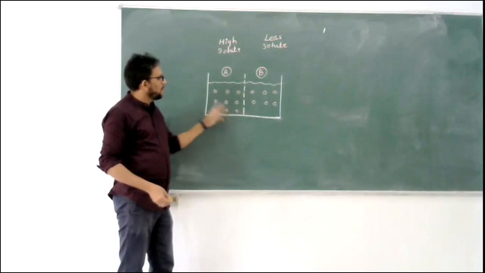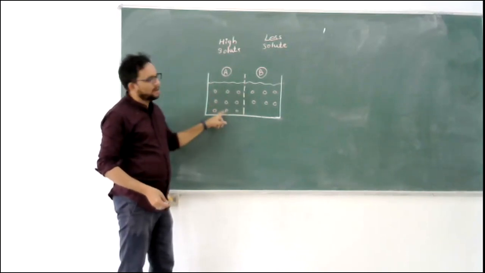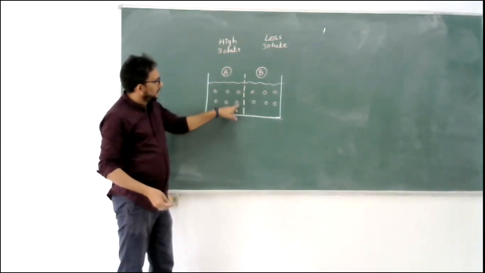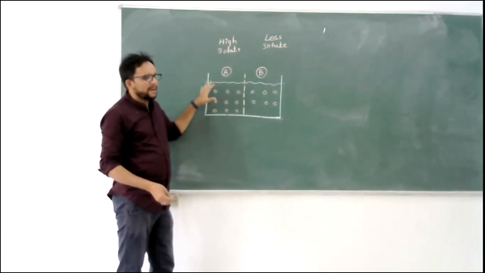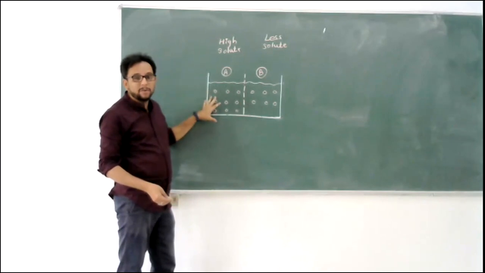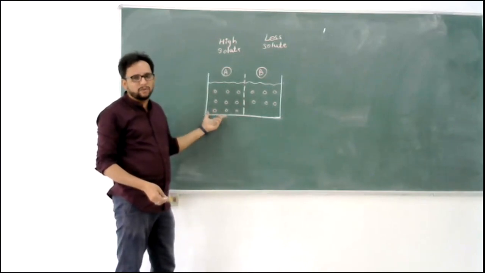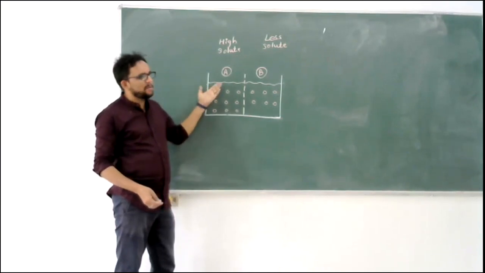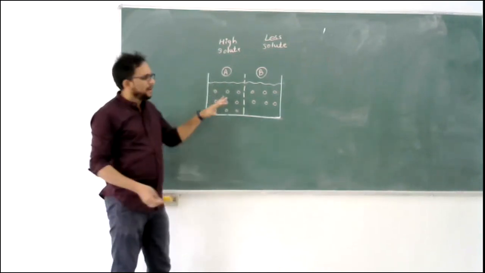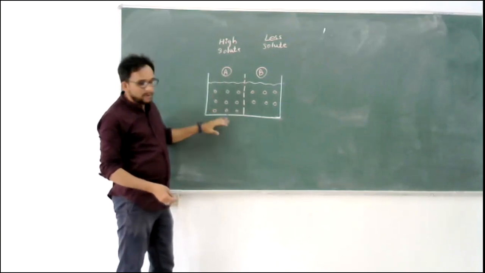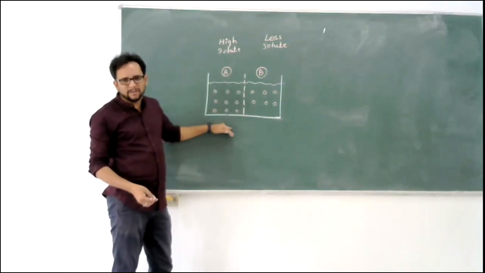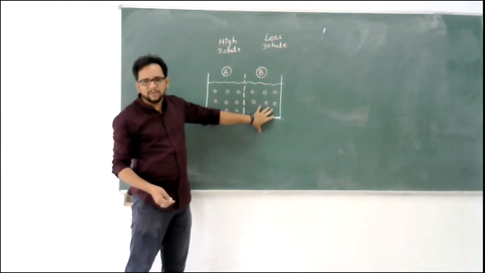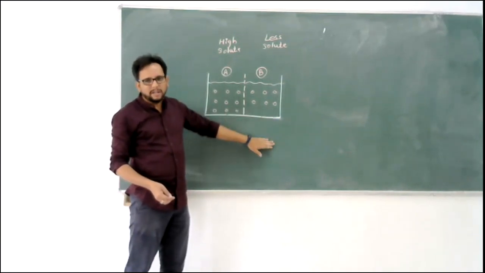Let's say the water molecules are 100. Apart from 100 molecules, there are 9 molecules of solute, right? And these 9 molecules plus 100 molecules makes 109. Out of 109, there are 100 molecules of water. So the percentage will be less compared to 106 molecules in 100.